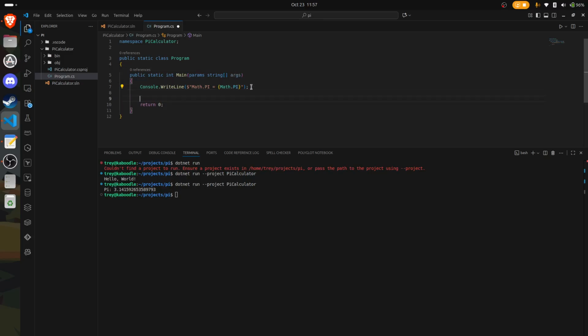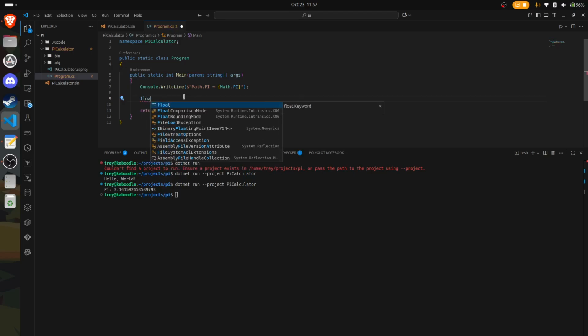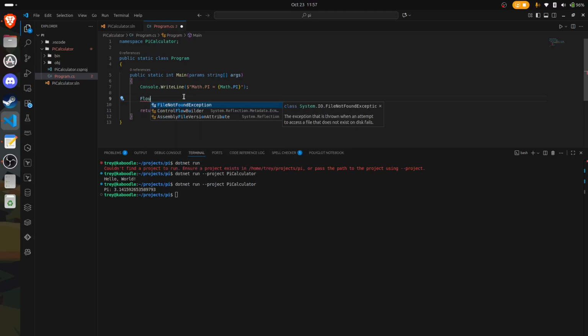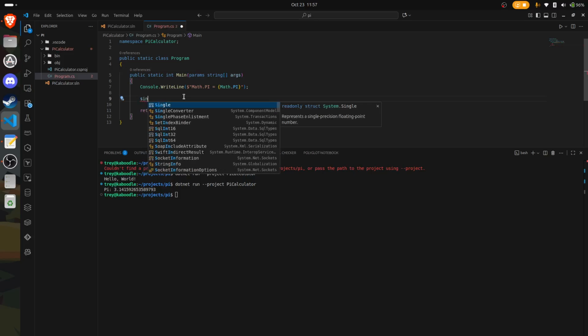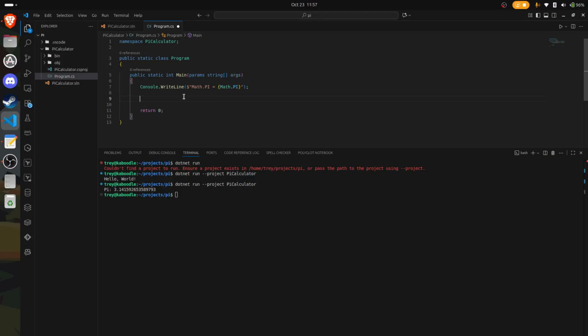There's 3 types of floating point numbers in .NET. Short, which I believe is a 16-bit floating number. Ah, no, it's a signed integer. I guess wrong. It's been too long since I've done this. Got the single precision floating point number, which is also aliased to just a float. And then you have the double.